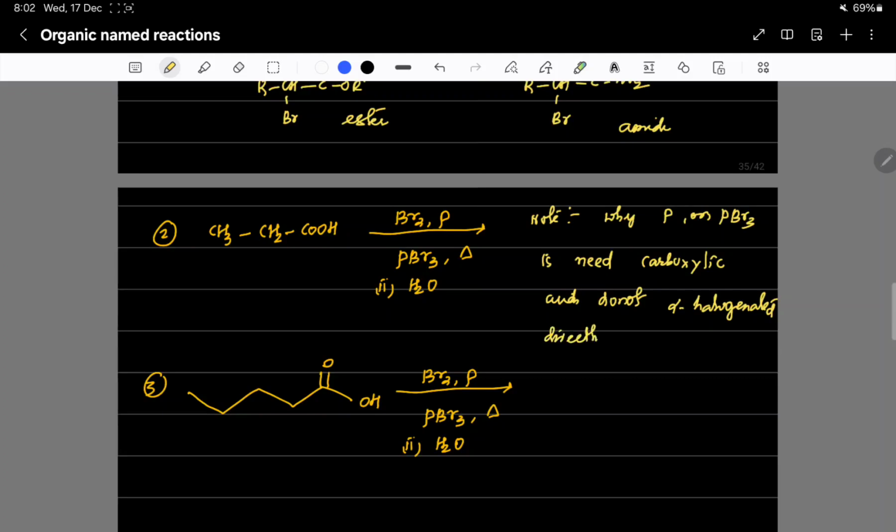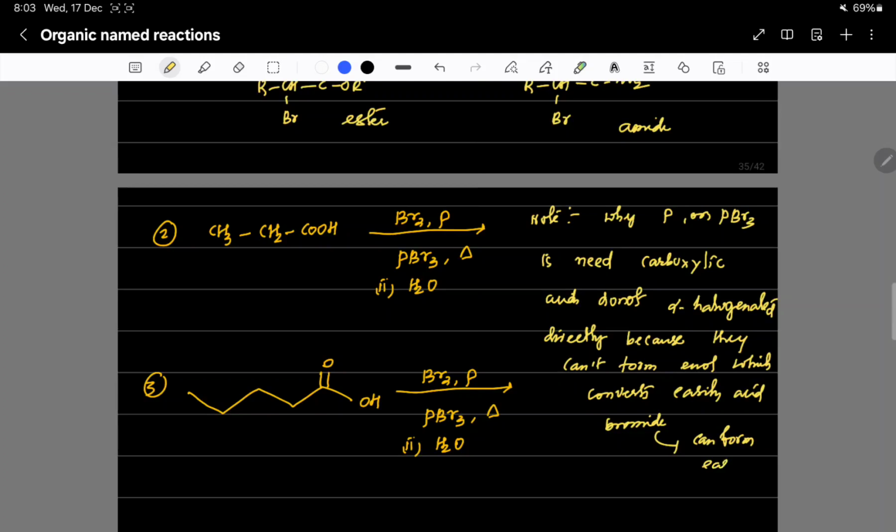They are not alpha halogenated directly because they cannot form enol.